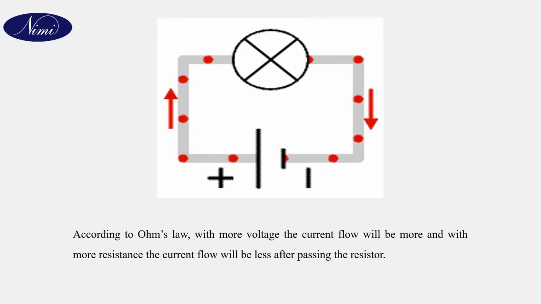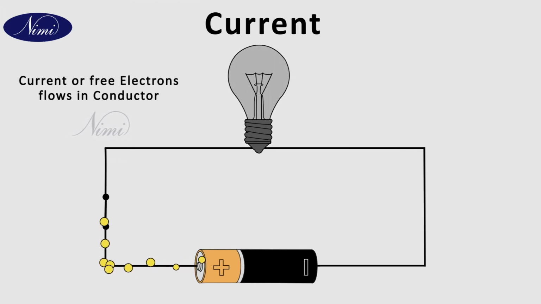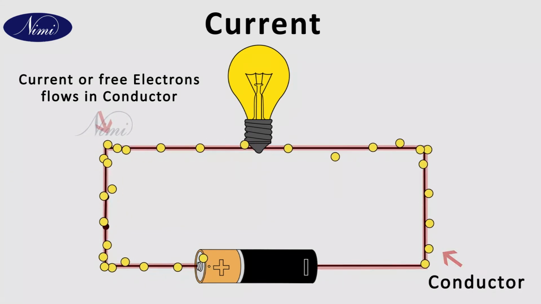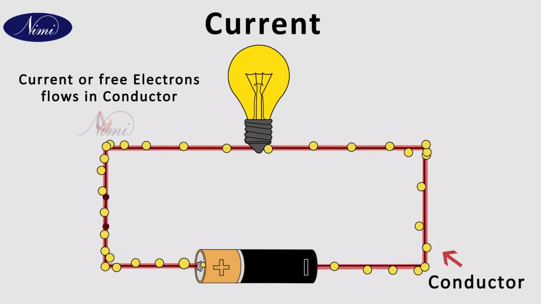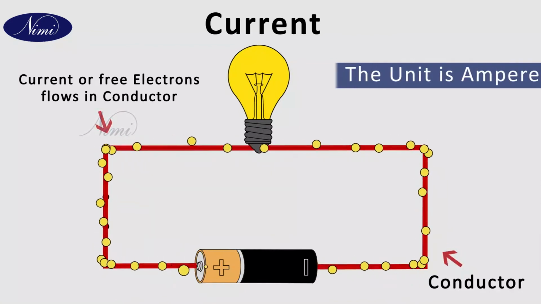Now, to understand Ohm's law better, first we should know what exactly current, voltage and resistance are. Current is actually the flow of electrons in the circuit. The material with which the circuit is made is called a conductor. The unit of current is ampere.